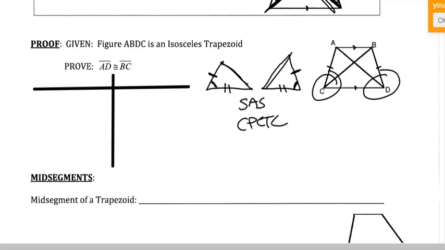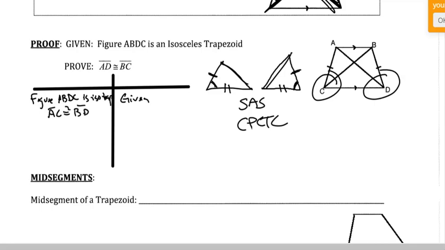Since it's been a long time since we've done a proof, I do want to go over and do one occasionally. So let's go ahead and write this down. We know that figure ABDC is an isotrap, given. Okay, so then we know that AC is congruent to BD.